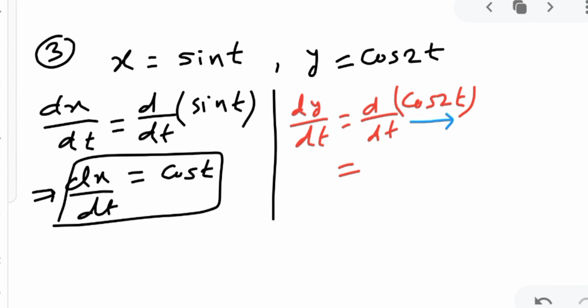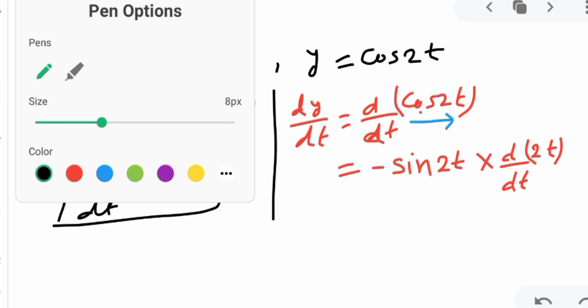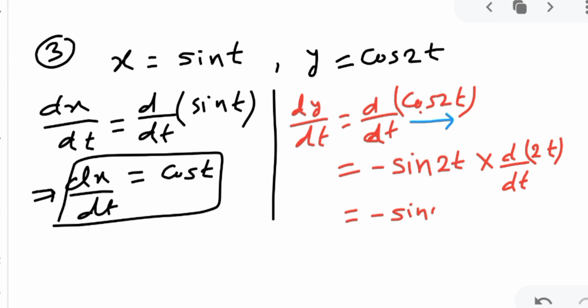You have to do it carefully. The first function is cos, whose derivative is minus sin x, but in place of x it is 2t, so I write minus sin 2t. Then the second function is 2t, whose derivative with respect to t is 2.